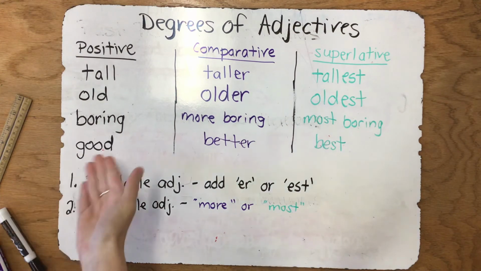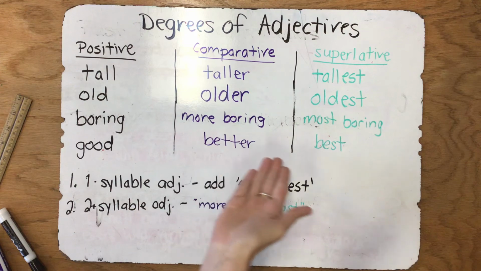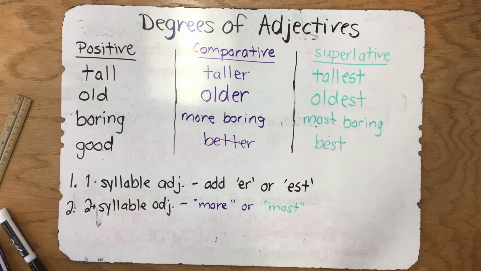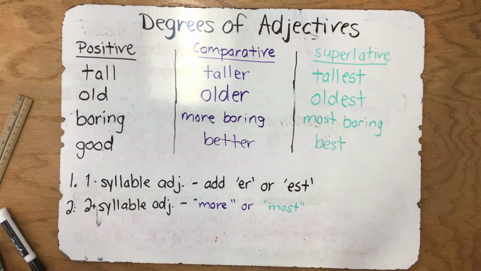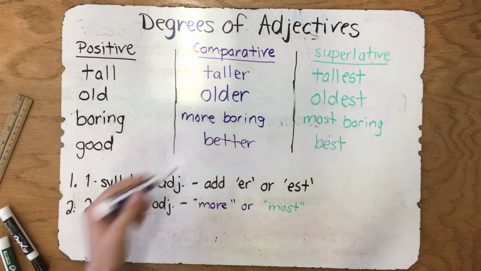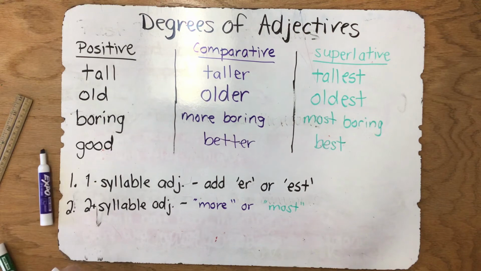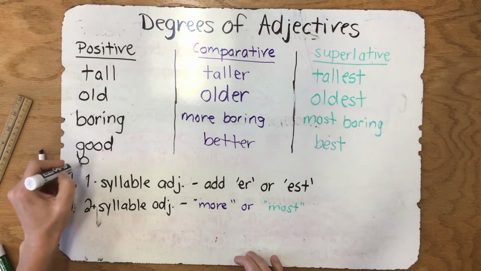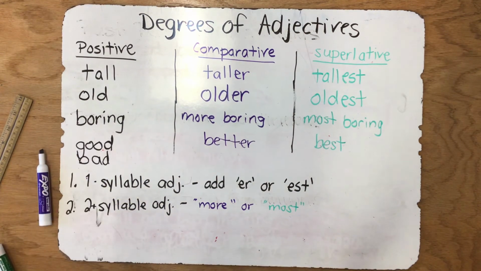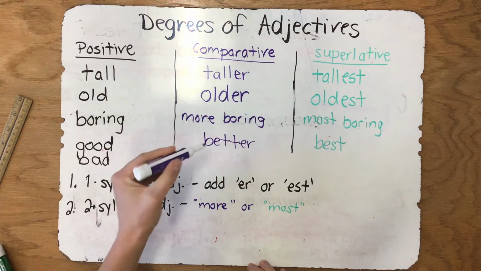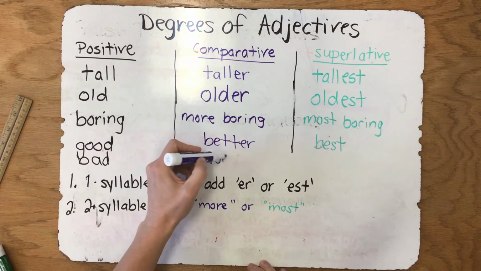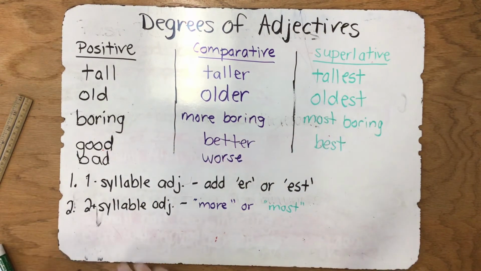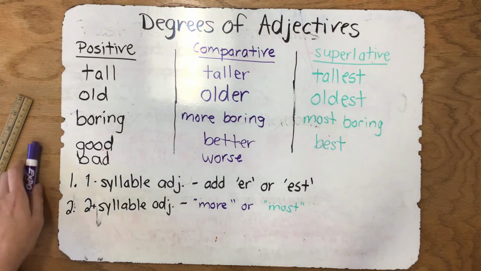Another example would be bad, worse, the worst. Or little, less, the least. But let's do bad. This will be our last one. Bad, worse, and then the superlative would be the worst.